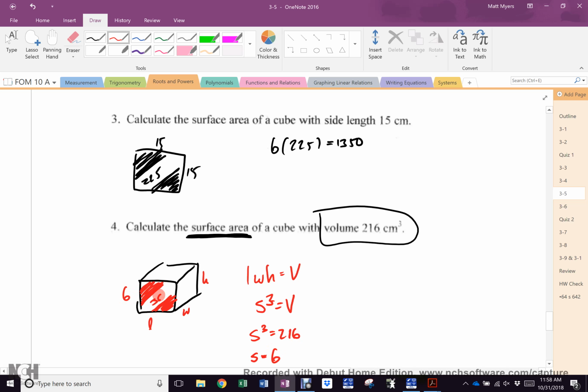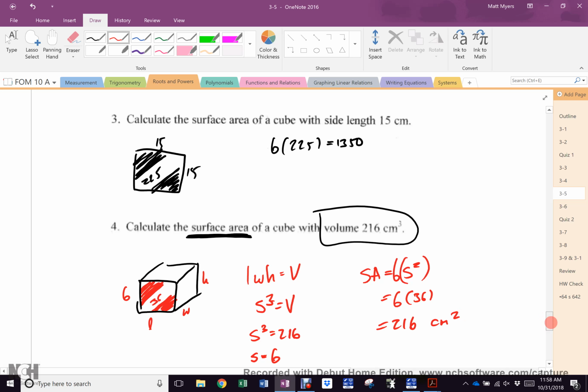How many of them are there? 6. So the surface area is S squared times 6, isn't it? 6 times 36 is 216. 216, but that is not the same number as the volume, is it? Centimeters squared. Everybody good? All right.